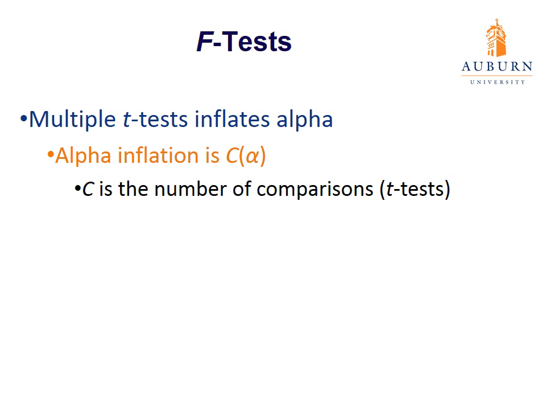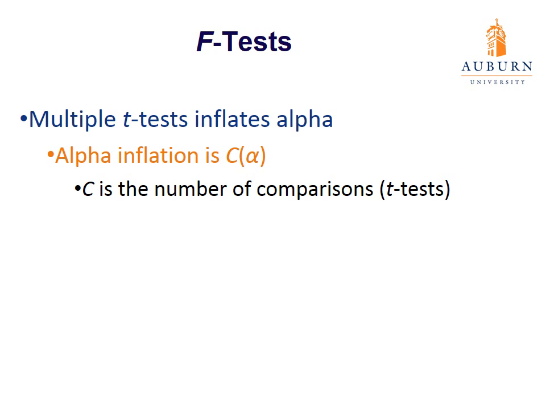So if I have an alpha of 0.05 and I do 3 separate t-tests, then I inflate my alpha to 0.15, or in other words, a 15% chance for a type 1 error rate. So I go from a 5% error rate, a 5% chance of being wrong if I reject a null hypothesis, to all of a sudden a 15% chance of being wrong if I reject a null hypothesis.